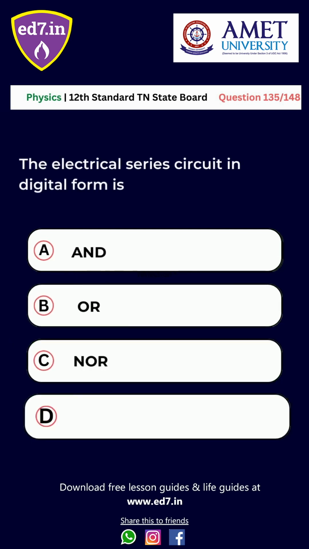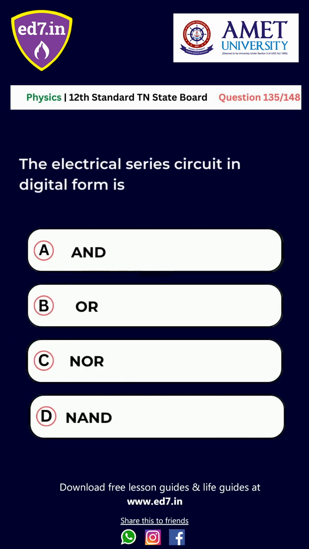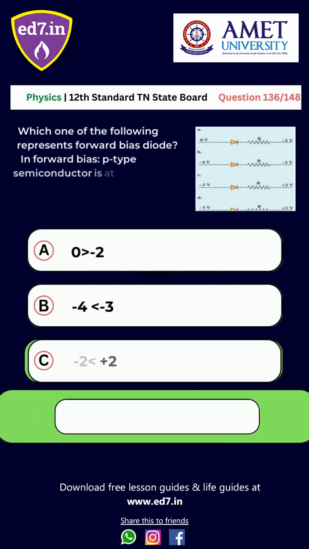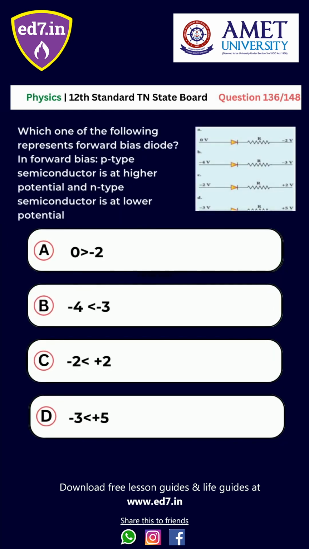Question number 135. The electric series circuit in digital form is option A, AND, B, OR, C, NOR, D, NAND. The right answer is option A, AND. Question number 136. Which one of the following represents forward bias diode?